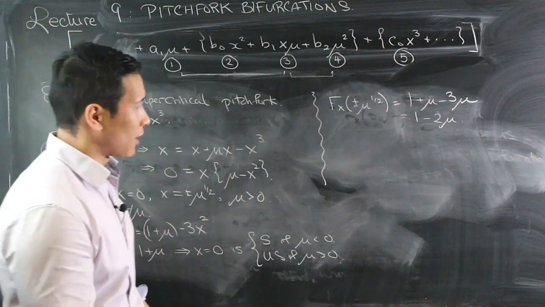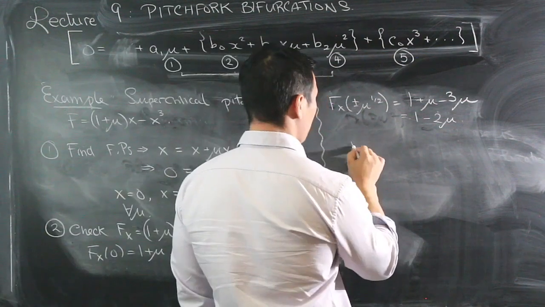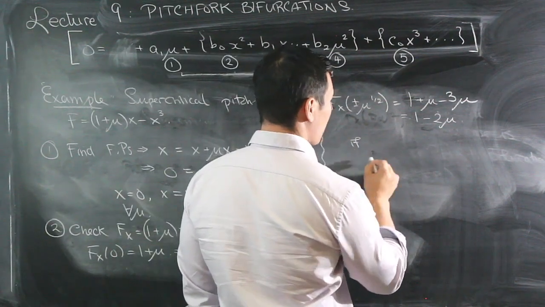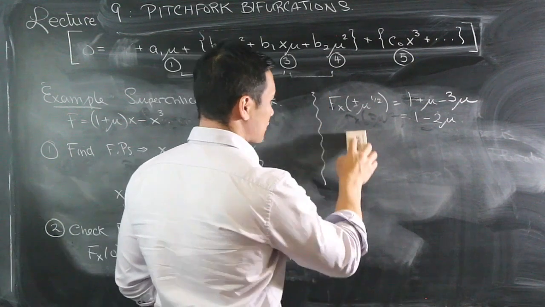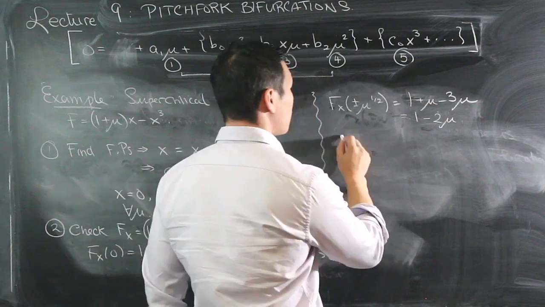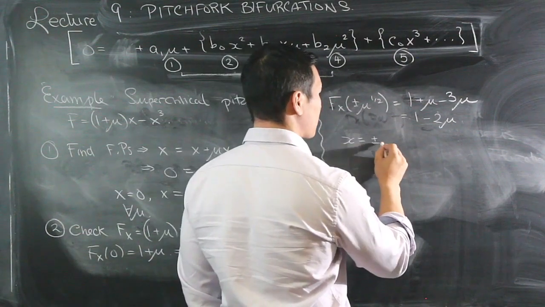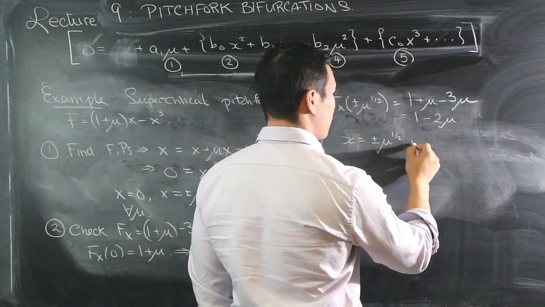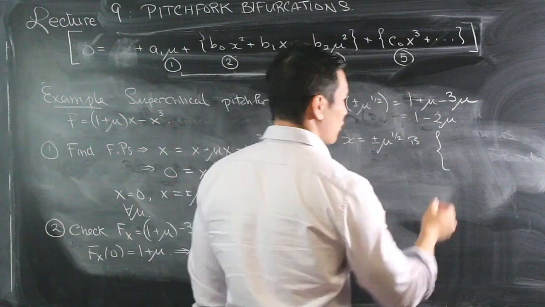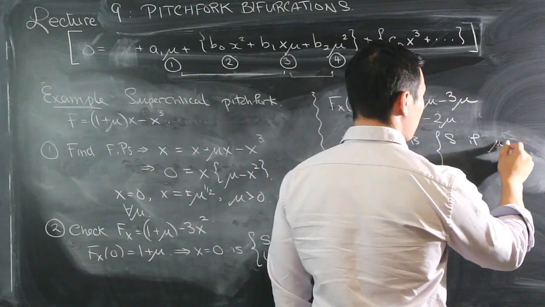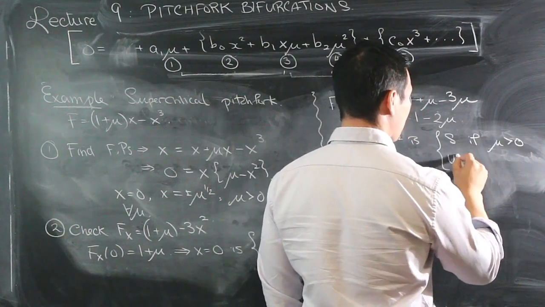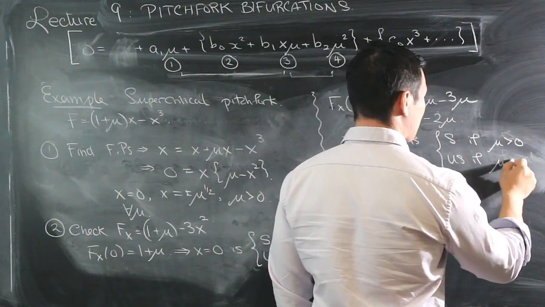And you just have the opposite conclusion. I'll do it in the same format as here. x equal to plus or minus mu to the 1/2 is stable if mu is greater than 0, and it's unstable if mu is less than 0.